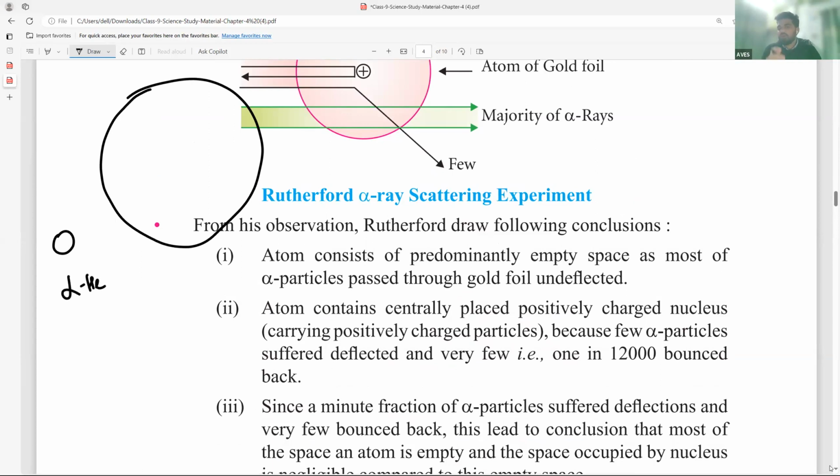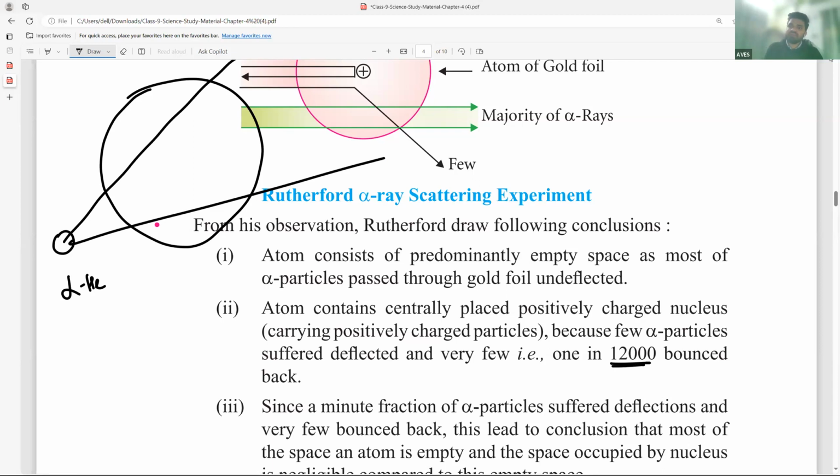The nucleus is very, very small in size, so particles can pass easily through the gold atoms without deflection. Now, 1 out of 12,000 is rebounding back.